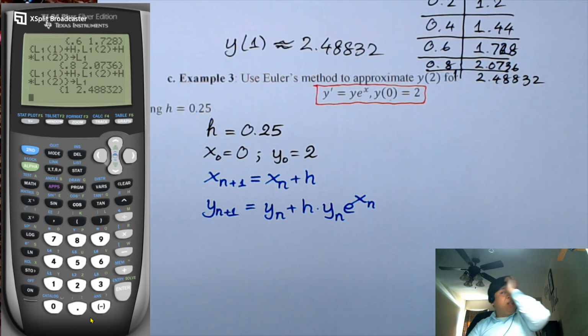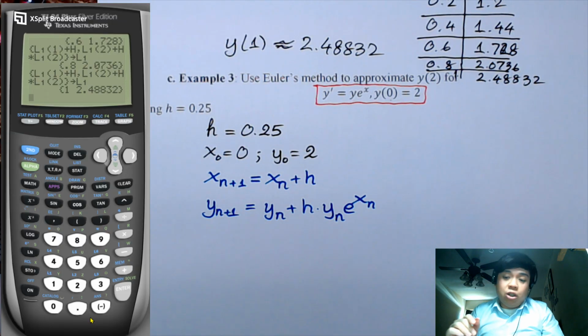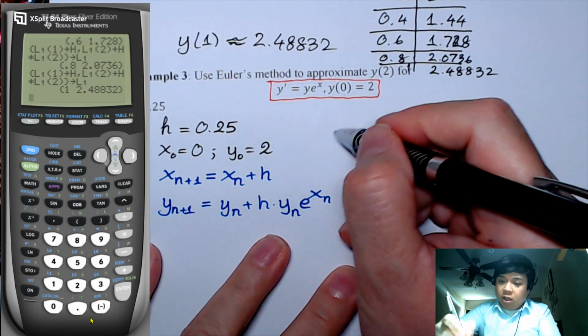So that is the pseudo code. Now translate that into a little program on the calculator.